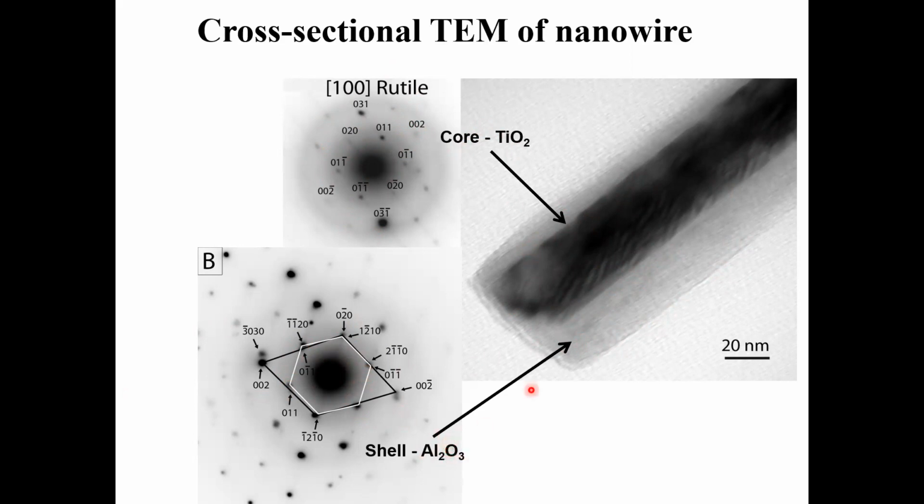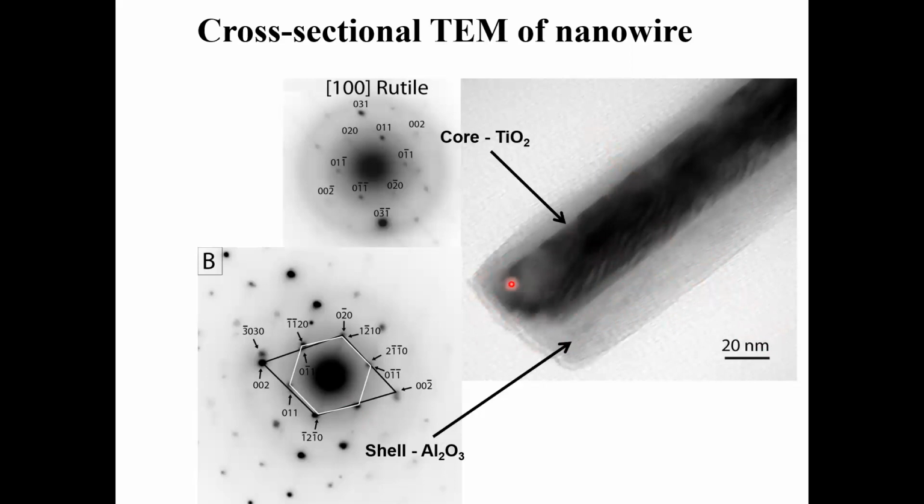So what is happening during this process: aluminum from the alloy segregates to the surface, and aluminum is actually more oxidation prone than titanium metal. So aluminum oxide forms on the surface, and that prevents further oxidation on the lateral surface.